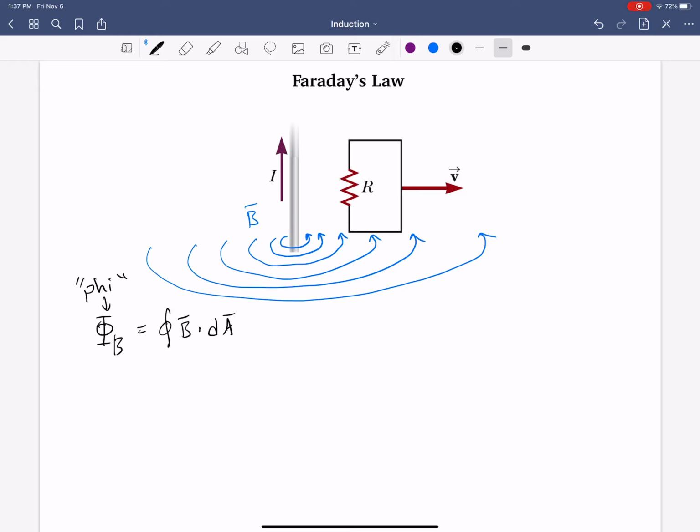What Faraday's law is, which is the next major law in 4B, says that if the magnetic flux changes in time, there is a current induced in a closed loop. And so if this is how we write the magnetic flux, if it's changing, we have d/dt of phi B, and that means that closed integral is changing.